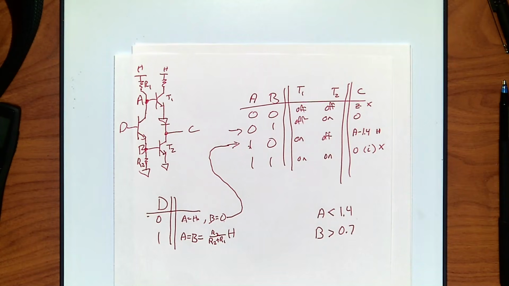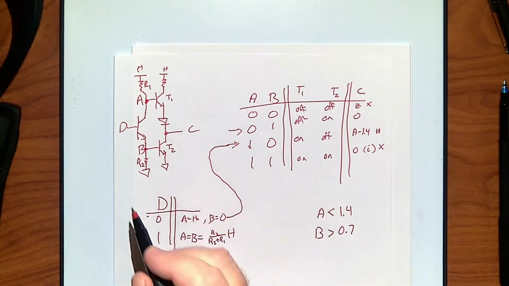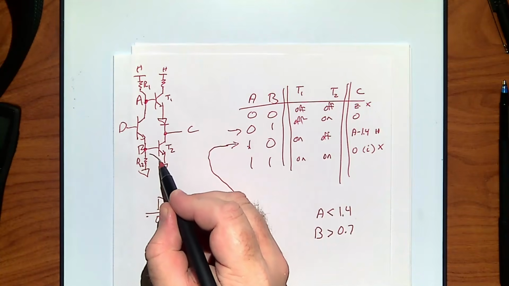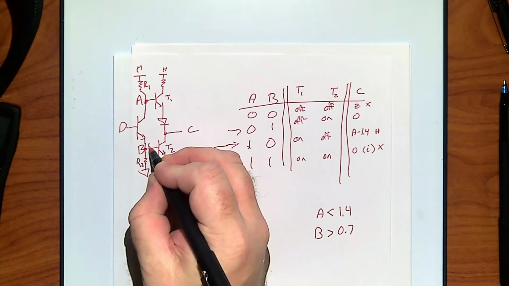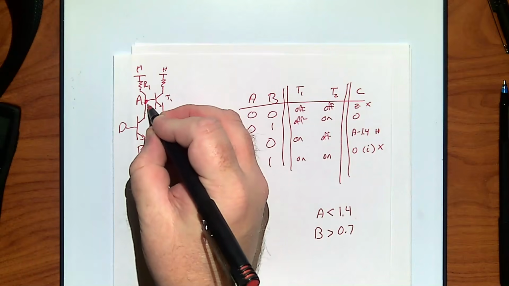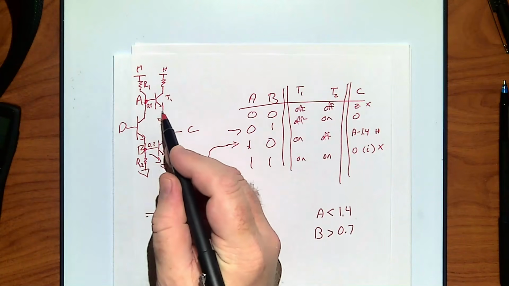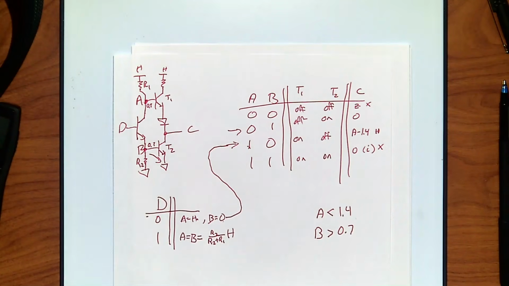So transistor 2, in essence, will pull the voltage off what we allowed it to do. Does that make sense? If B is bigger than 0.7, this is on, which means this is 0.7, which means this is 0.7. But this has to be 1.4 to turn on.